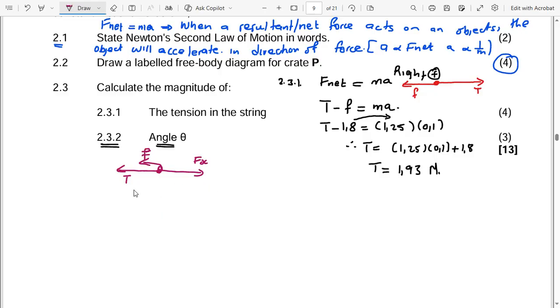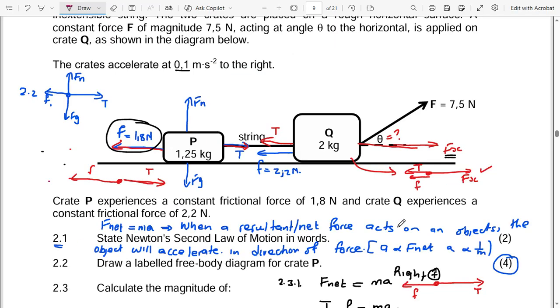So F net is equal to MA. I'm going to take right as positive again. Then I need to take my Fx minus the tensional force minus the friction, and equate this to MA. If you still remember, I have the applied force like that, and then the force going up, which is my Fy.